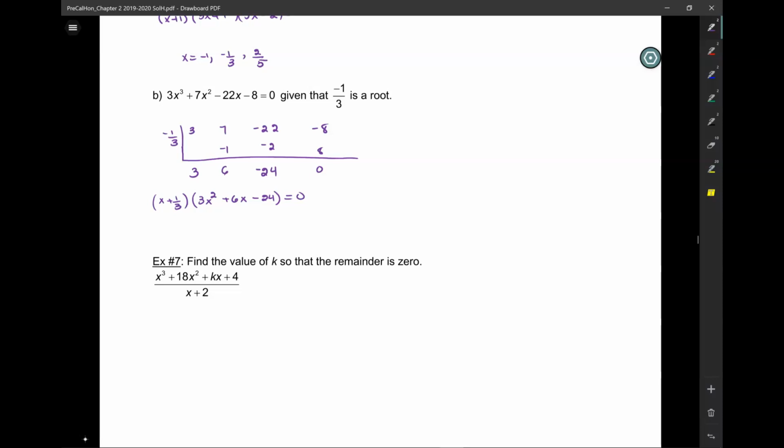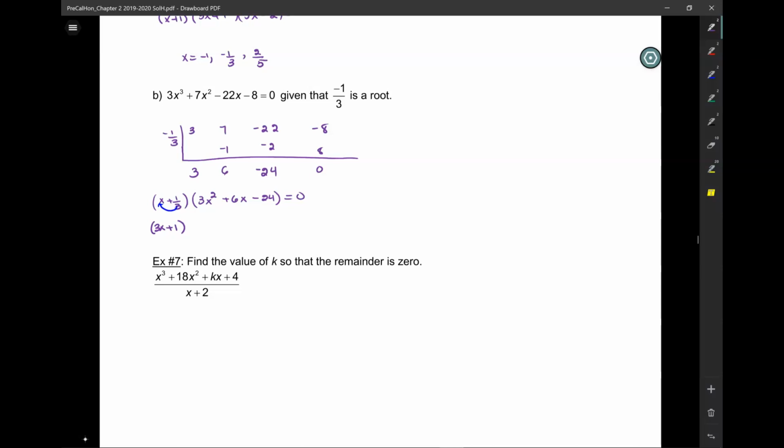But if this problem was asked a certain way, and it asked you to factor this polynomial, given that whatever is a root, then you wouldn't leave the x plus 1/3 as x plus 1/3. What you would do is you would move this up and you would write it as 3x plus 1.